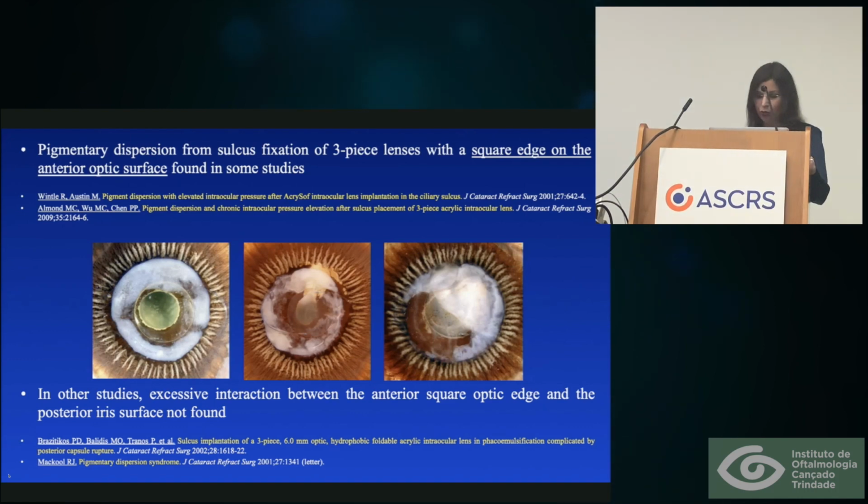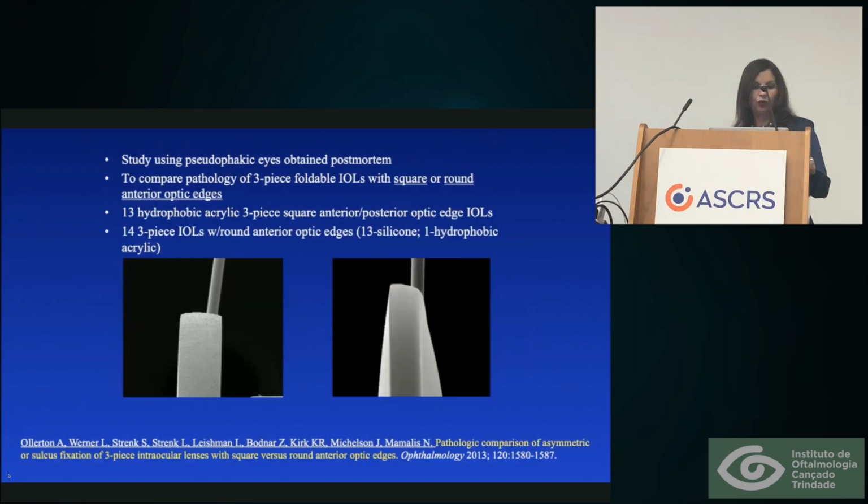But we wanted to know more about this problem, and we performed another study using pseudophakic human eyes obtained post-mortem. In this case, we wanted to compare the pathology of having 3-piece foldable IOLs with square or round anterior optic edges and asymmetric fixation or a fixation in the sulcus.